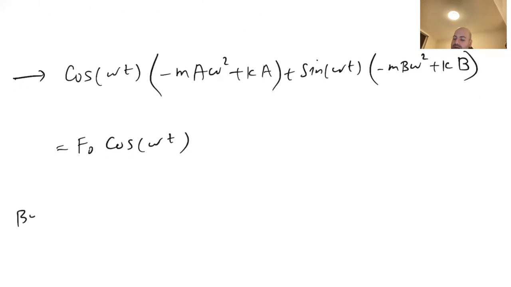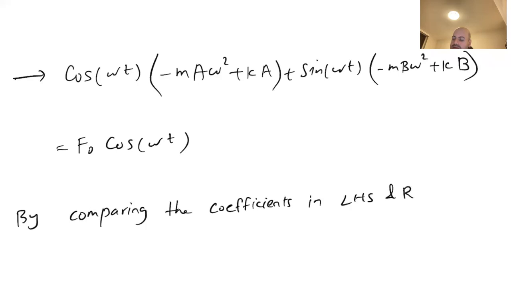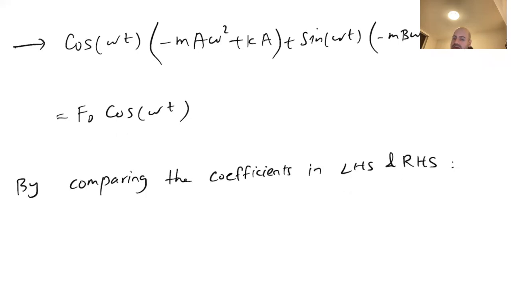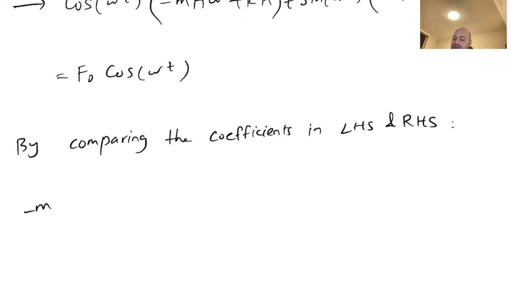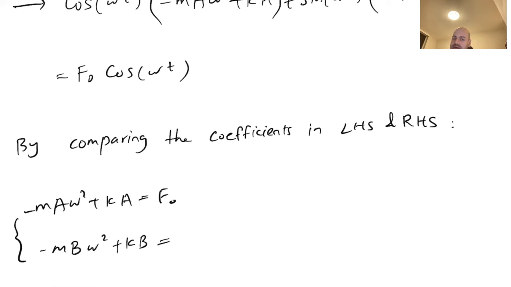So by comparing the coefficients, we can say that minus m A omega squared plus k A equals f0, and minus m B omega squared plus k B equals 0.